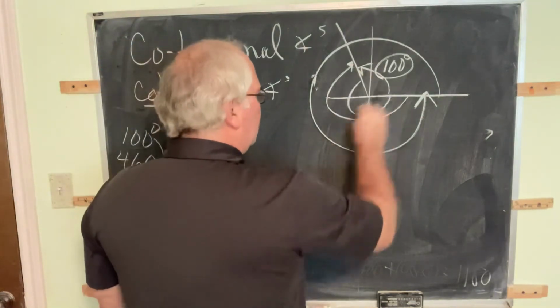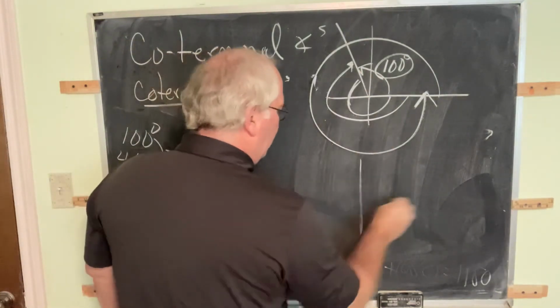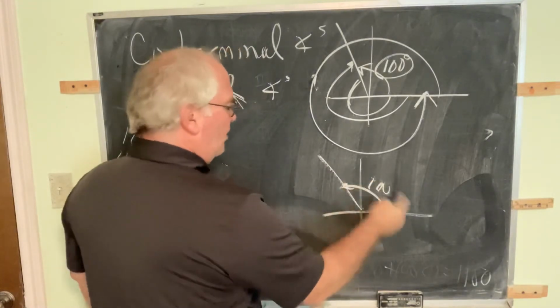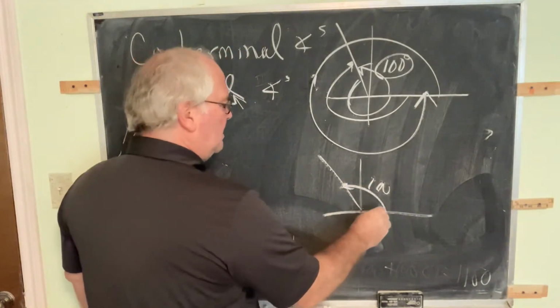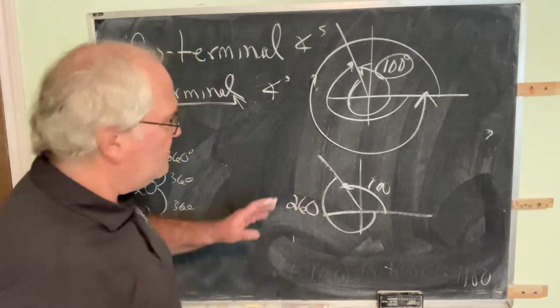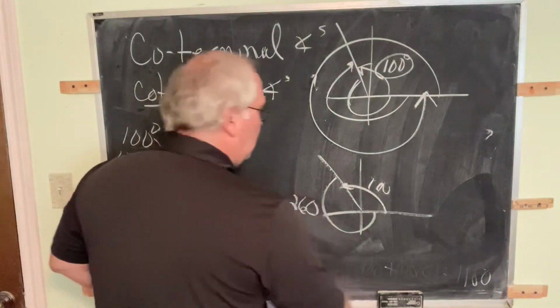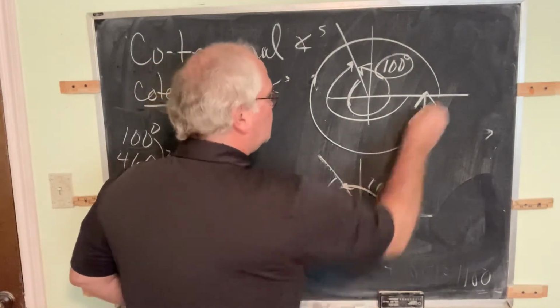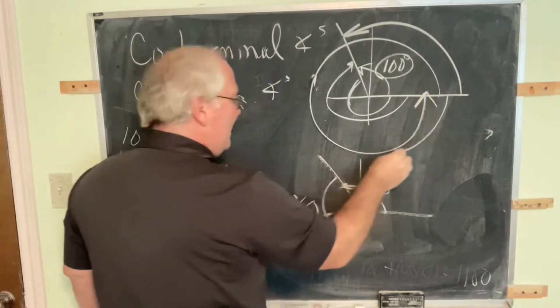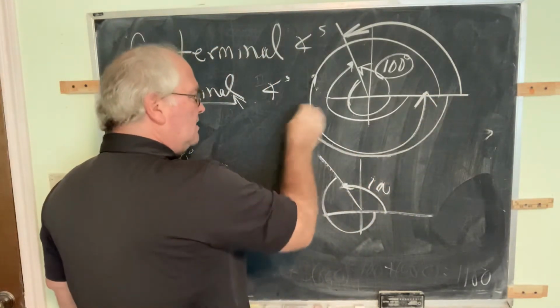If this is 100, and the grand total is 360, then this must be 260. The difference is, in this direction, that's a positive 100 degrees. This would be a negative because now we're going clockwise.